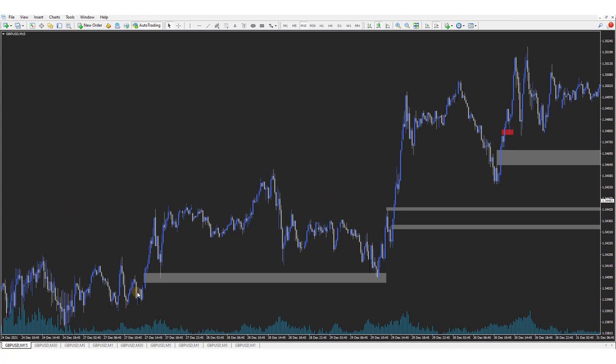I prefer to use this on the M15 time frame, and I observed that when some previous high or low is broken, there are very high chances that the opposite side of the market didn't have enough time to react.